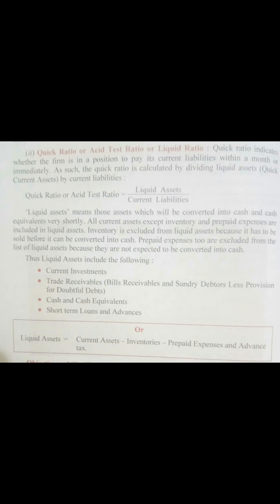With this, we can easily find out the quick ratio by just dividing liquid assets by the current liability. And the ideal quick ratio is said to be 1:1, while the ideal current ratio is said to be 2:1. With this, I am going to end my video.